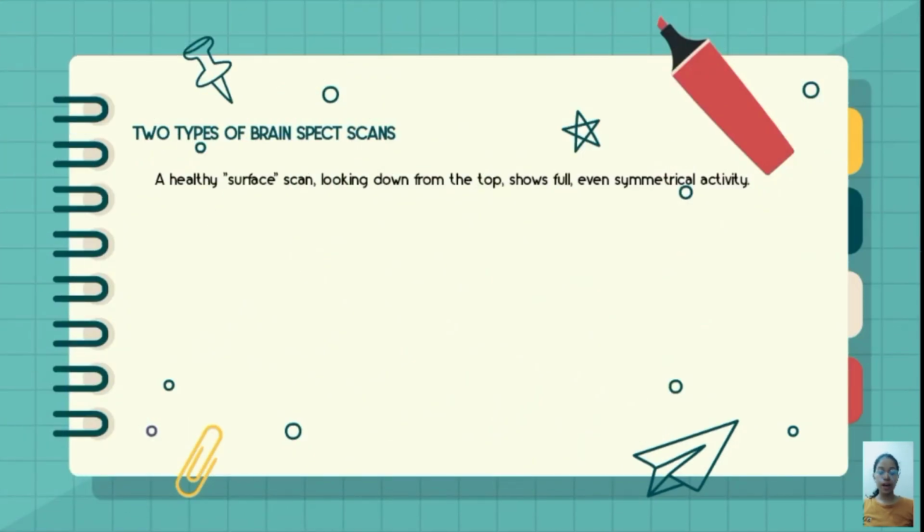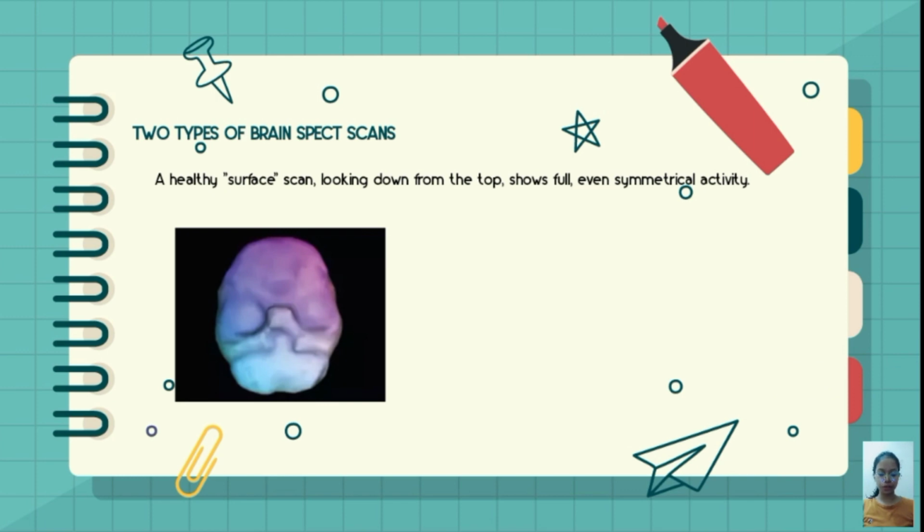Next, we have two types of brain SPECT scan. First is the surface SPECT scan and second is the active SPECT scan. First, we have the surface SPECT scan. A healthy surface scan looking down on top shows full, even, symmetrical activity.